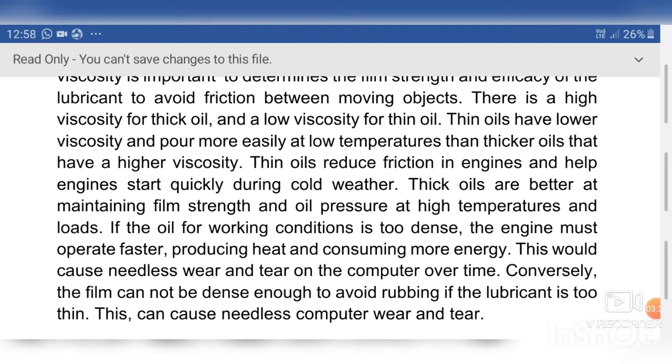Thick oil is better at maintaining film strength and oil pressure at high temperature and load. If the oil for the working condition is too dense, the engine must work harder, producing heat and consuming more energy. This will cause needless wear and tear on the component over time.